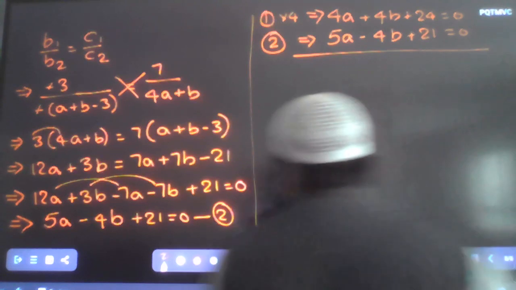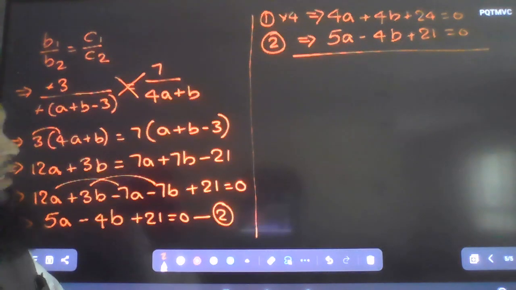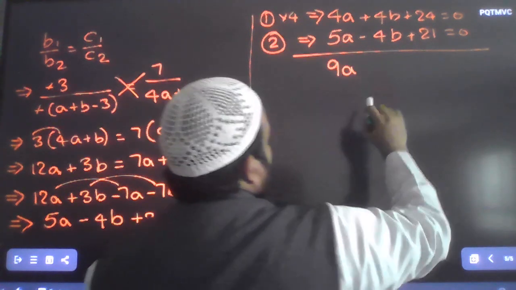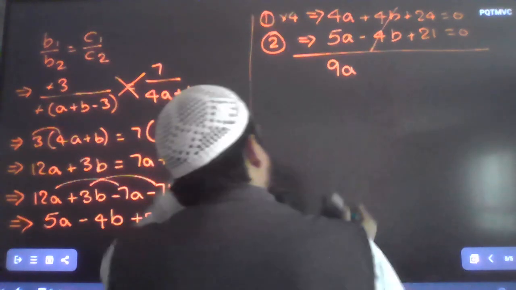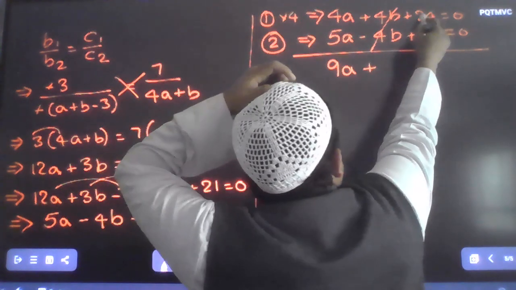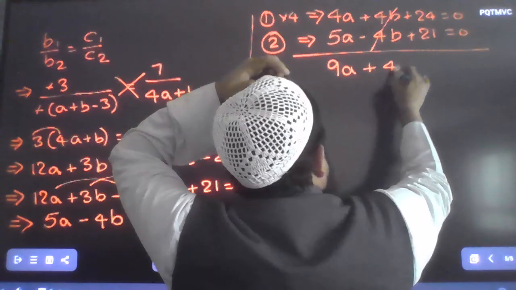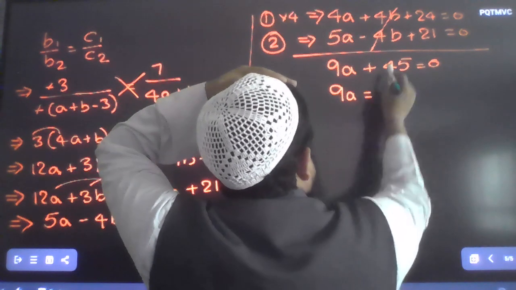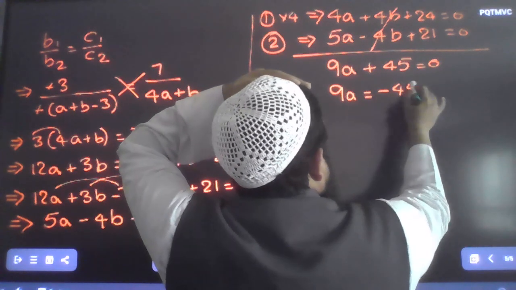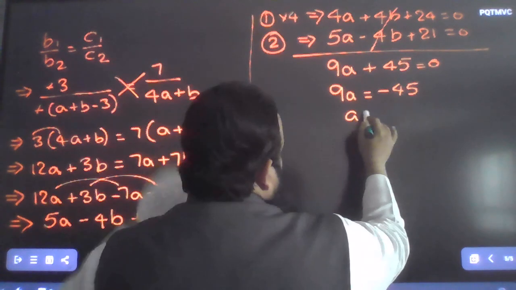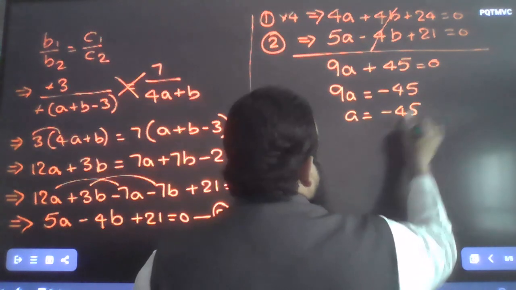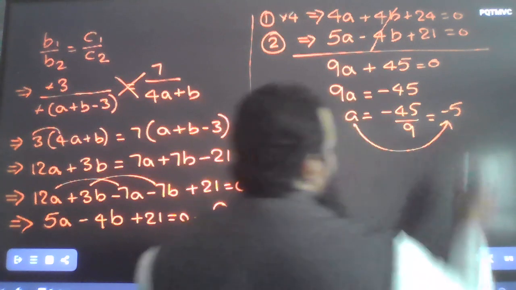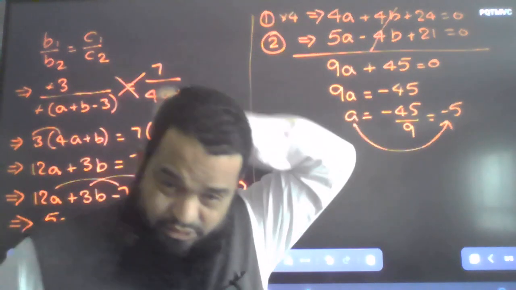Now let us simplify. 4A plus 5A, 9A, and 4B minus 4B gets cancelled, plus 24 plus 21, I think it is 45 equals 0. And 9A is equal to plus 45. When you transpose, it will be minus 45, and A will be minus 45 by 9, that is equal to, 9 fives are 45, so A is equal to minus 5, right?